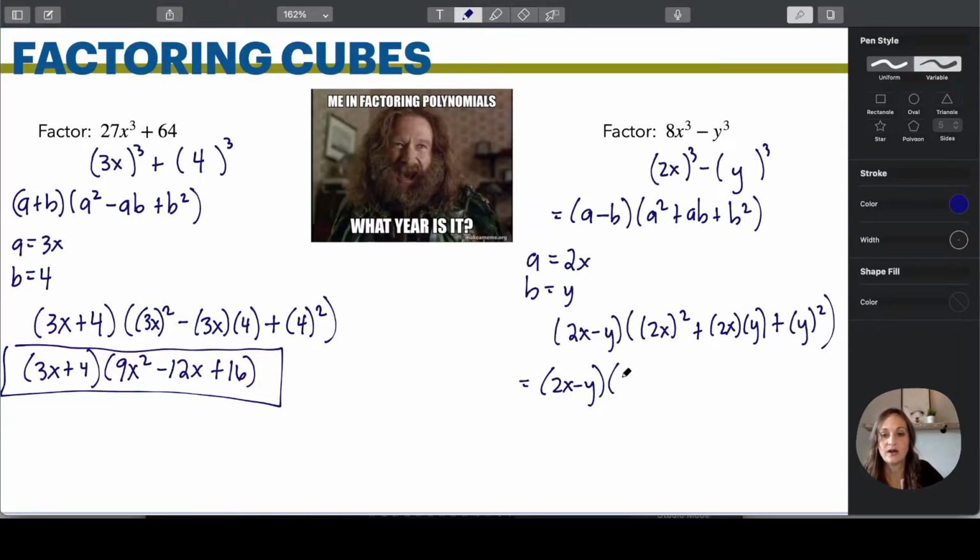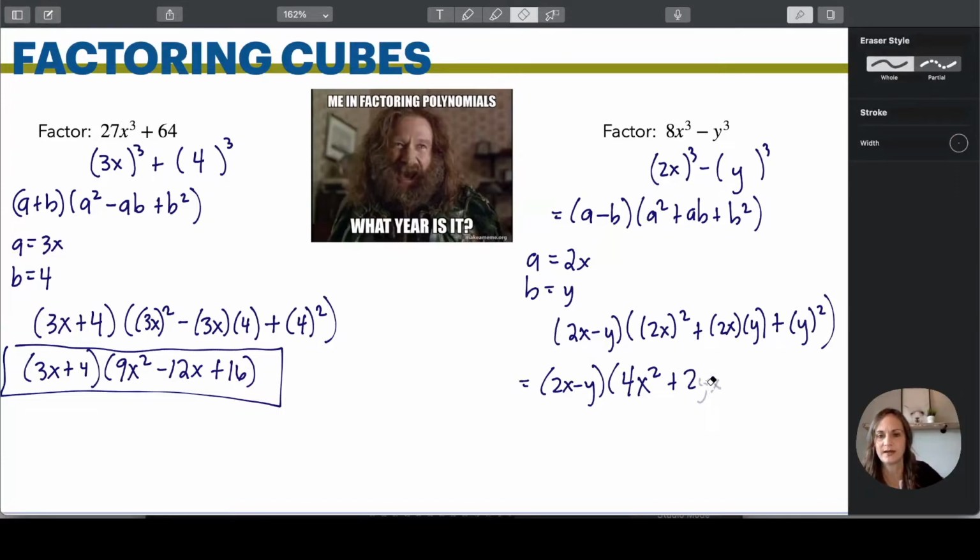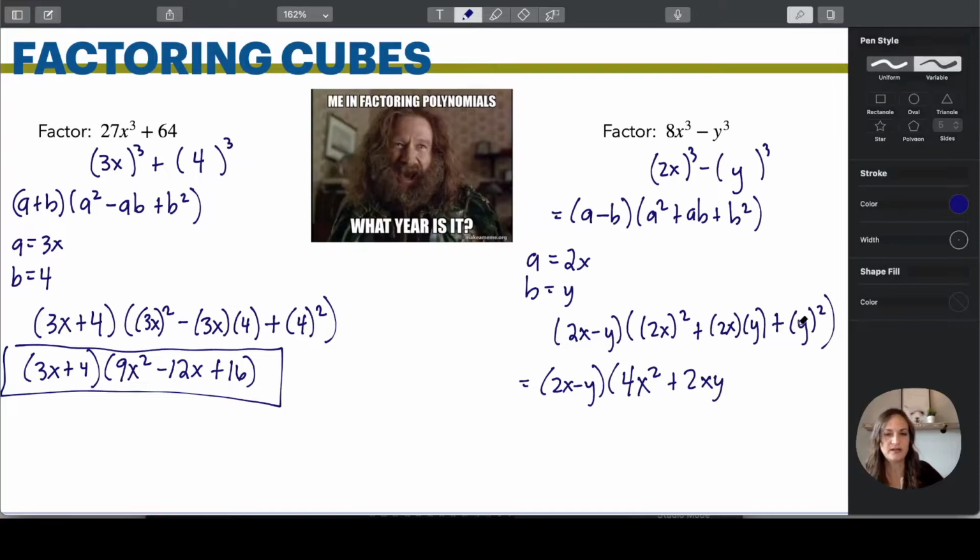The 2x squared is going to give me a 4x squared. Please remember, the 2 also needs to be squared, not just the x, but the 2 as well. And then 2x times y is just 2xy. It actually doesn't matter the order that you do it in. And then y squared is just y squared. And that is your answer.